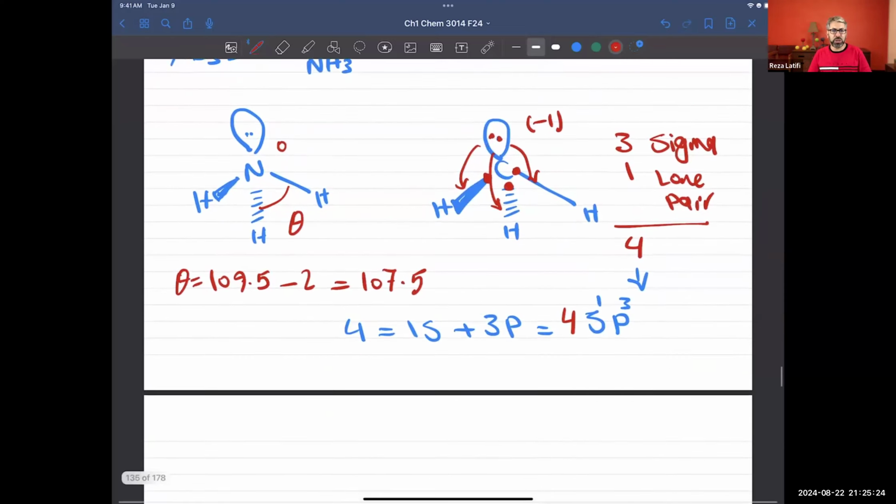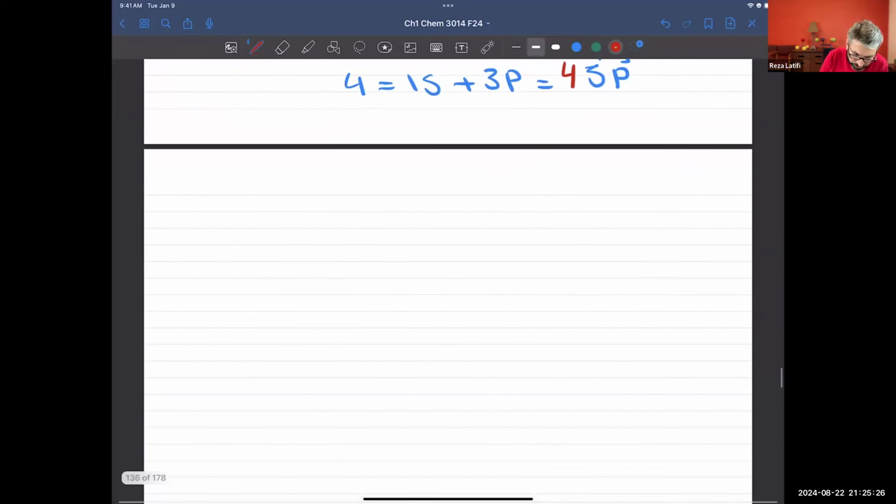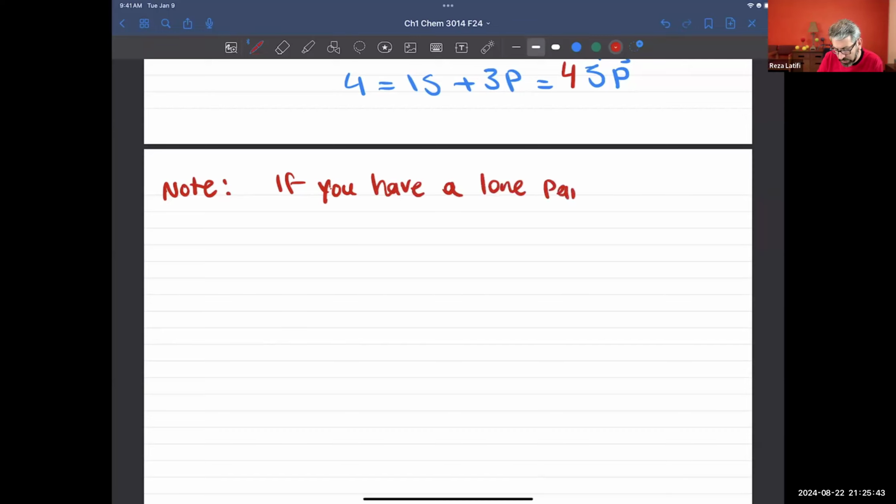Is it polar or non-polar? So I'm going to write a note for you here. If you have 1 lone pair, that molecule for sure will be polar.